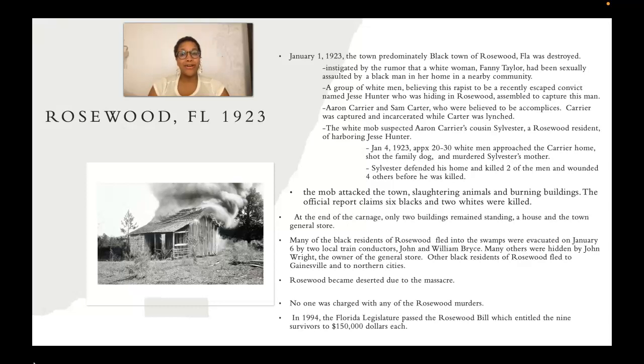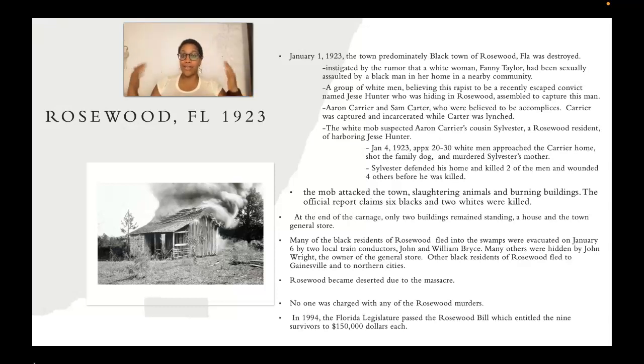They shot the dog. And when Sylvester's mother came to the front door to see what this ruckus was about, they murdered her. And so Sylvester was armed, defended his home, killed 2 of the men, wounded 4 others before he was killed himself. Word got out that 2 white men had been murdered.